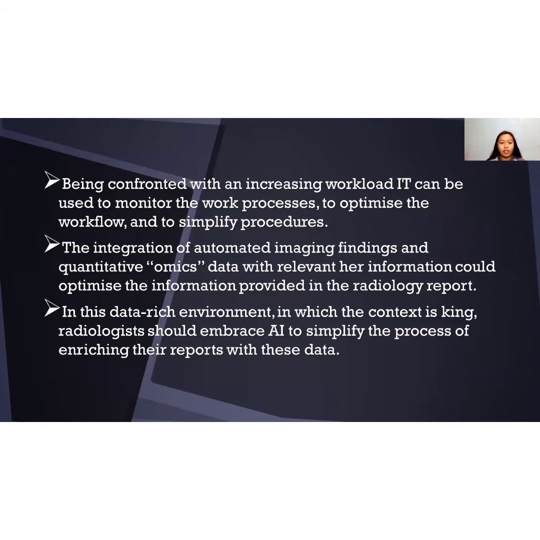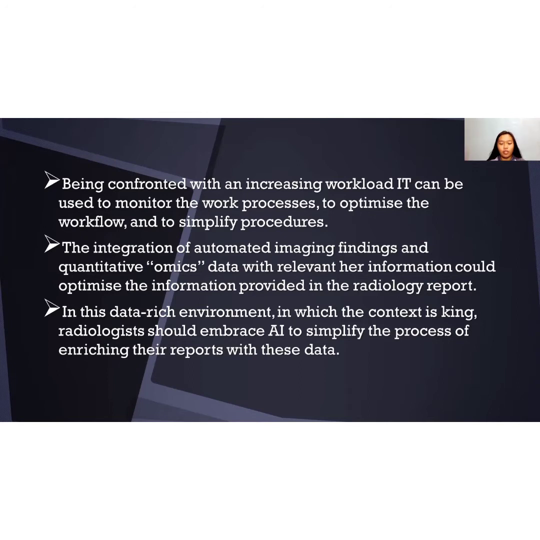Being confronted with an increasing workload, IT can be used to monitor the work processes, optimize the workflow, and simplify procedures.